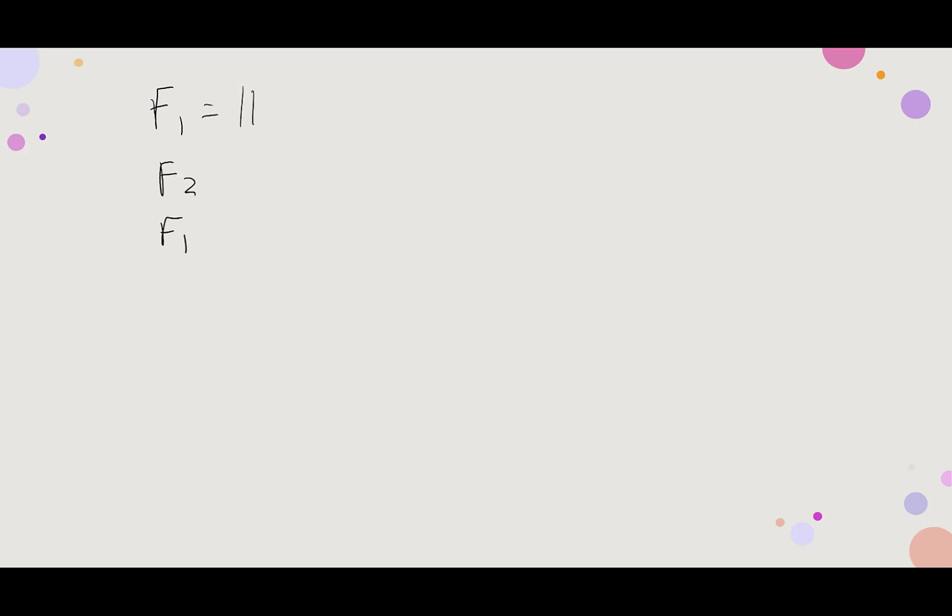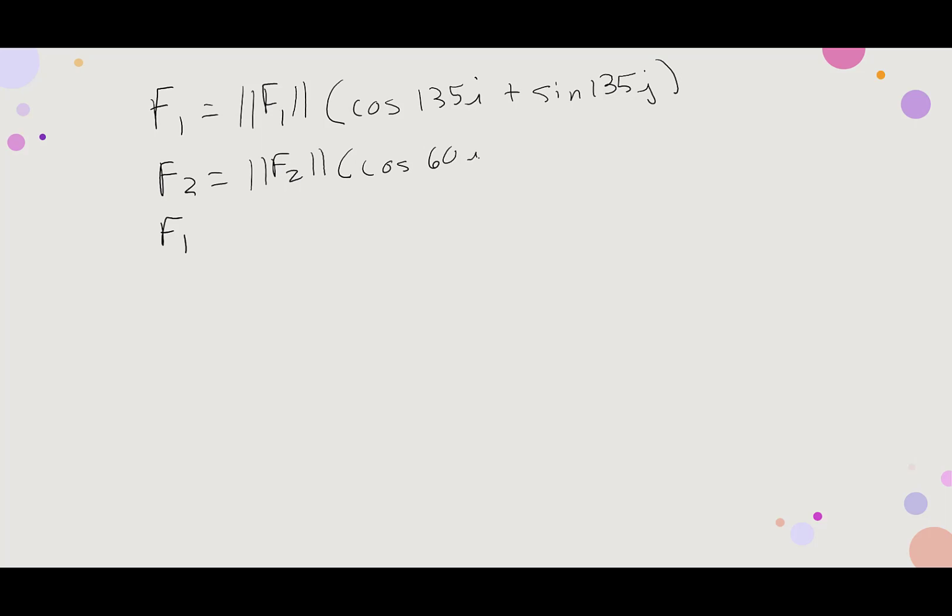We don't know the magnitude of F1, that's what we're looking for, but we do know the angle. We said the angle it was acting on was 135. So this is cosine of 135 i, and then sine of 135 j. Same thing for F2, we do not know that force, but we know the angle. The angle is 60, so we have cosine of 60 i plus sine of 60 j.